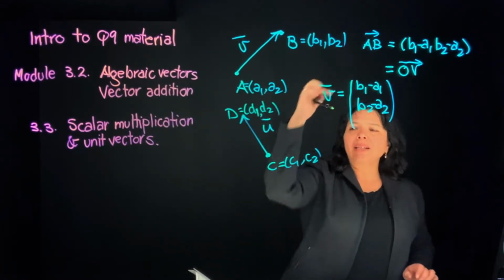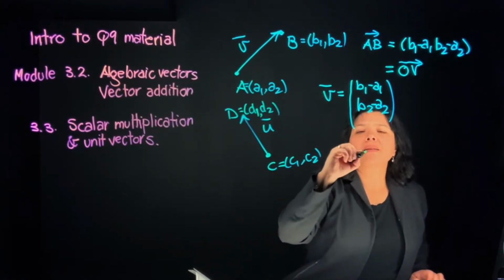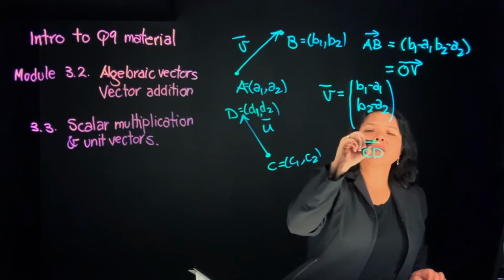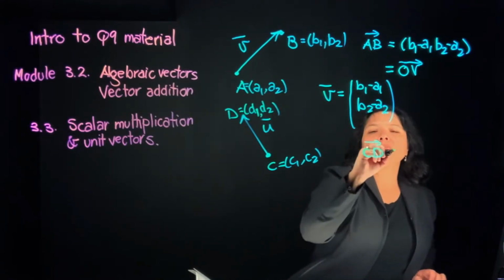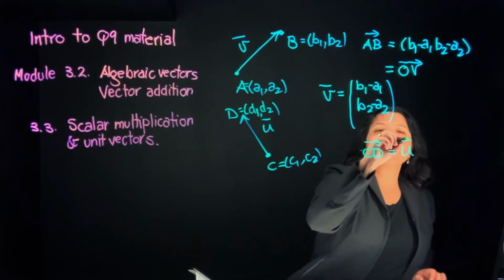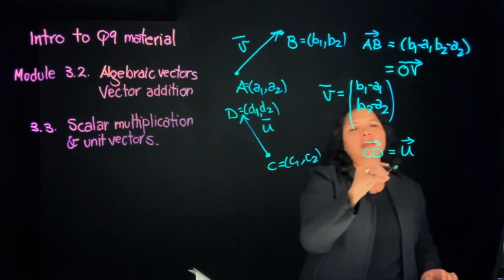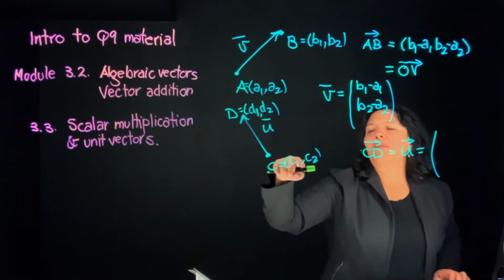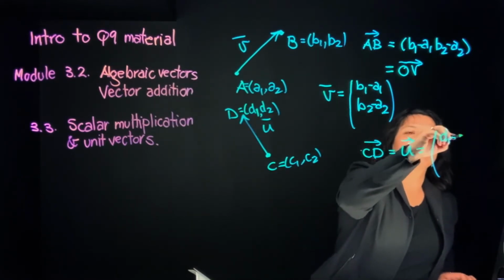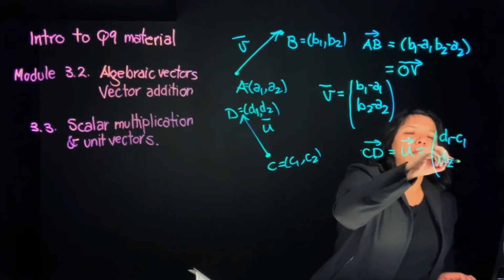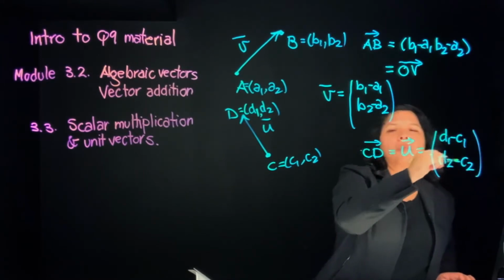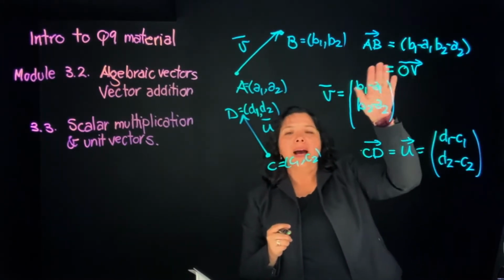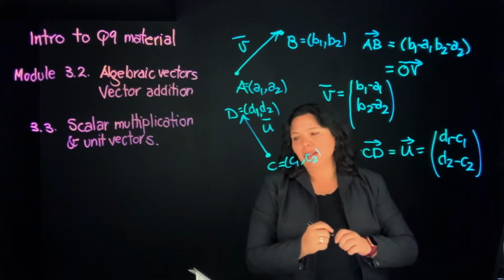So similarly, my CD vector would correspond to U. And just doing the same procedure will give me D1 minus C1, D2 minus C2. And now I am in the position of adding them.